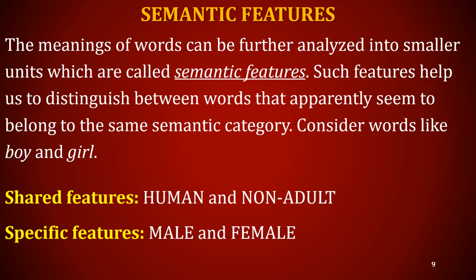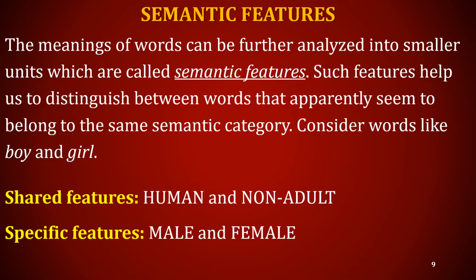Now, for meaning, we do the same thing. In fact, we further analyze the meanings of the words into the smaller units, which are called semantic features. Such features are helpful when we want to distinguish between words that apparently seem to belong to the same semantic category.